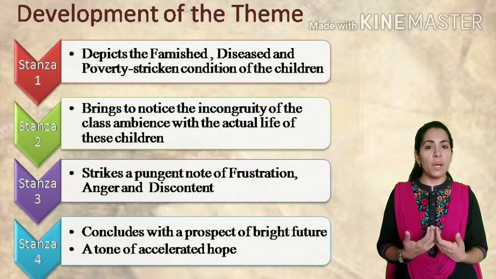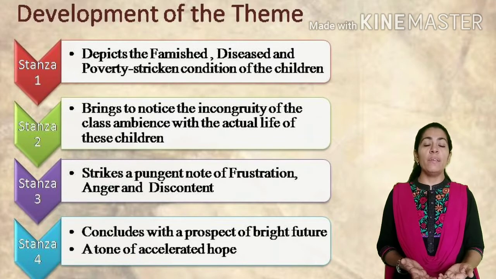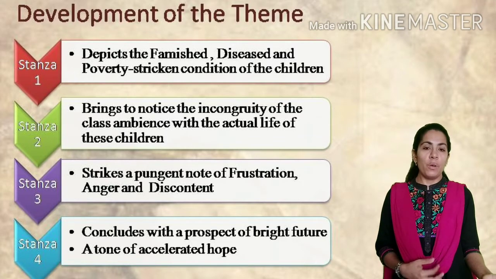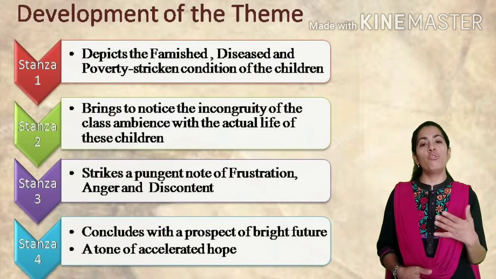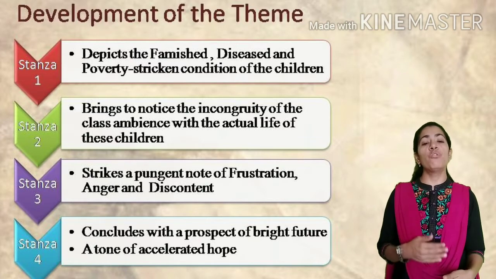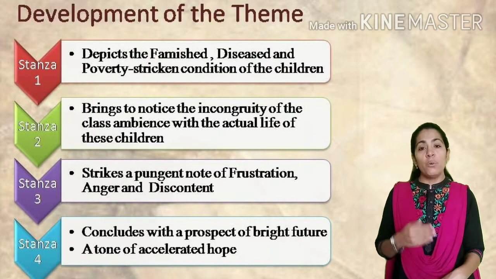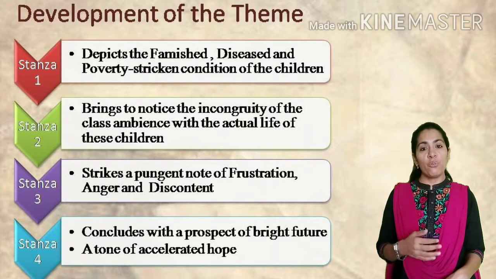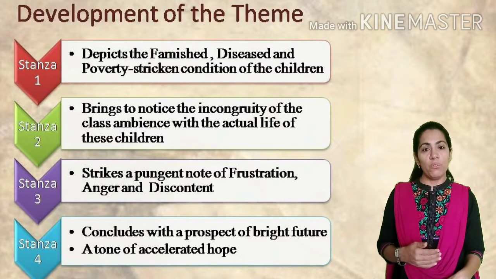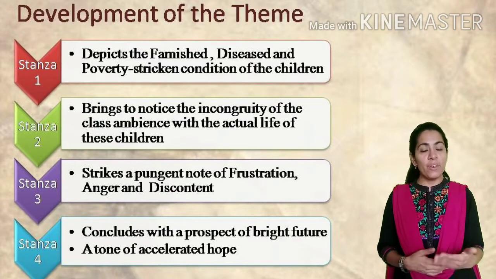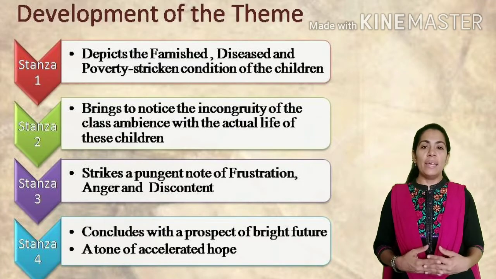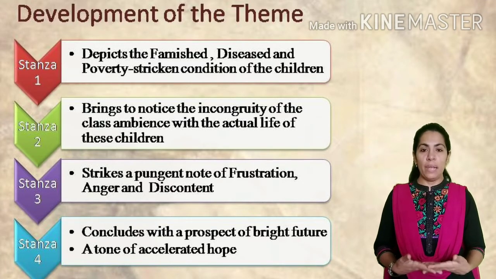There is a frantic appeal in the concluding line to the governing authority that these children should be given equal rights and they should be given an opportunity of good and quality education so that they can also write their own history, they can create their own history, and they can lead at least a good life.